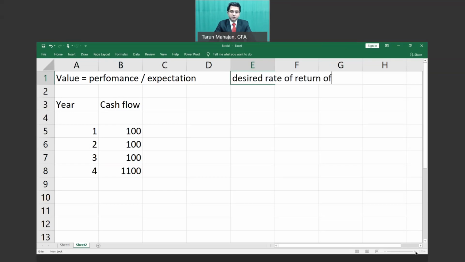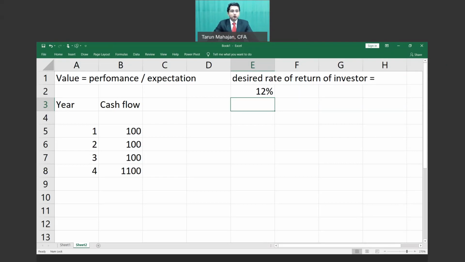Now suppose expectation of investor, better I say desired rate of return of investor, suppose it is equal to 12%. Company is performing 10%. Investor is expecting 12%. You know, without making the calculation, I can assure you that the fair value of this bond must be at a discount because performance is just 10% and expectation is 12%.